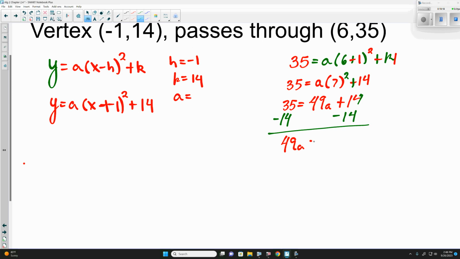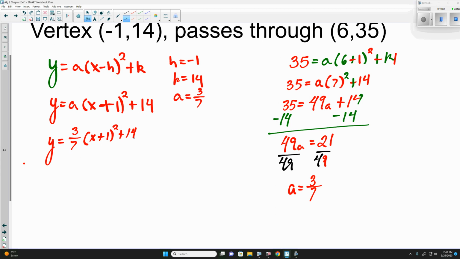So 49a is equal to 21. And last but not least, we would divide both sides by 49, telling us a is 3/7. We agree with 3/7. So y equals 3/7 times x plus 1 squared plus 14. Questions on this here?